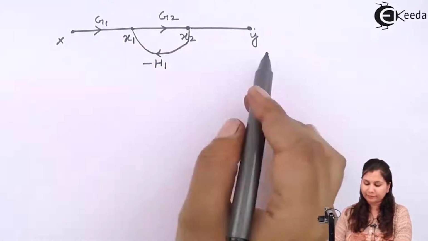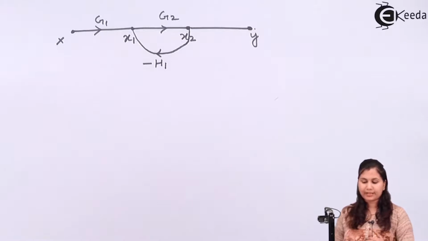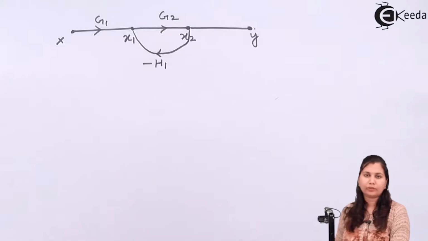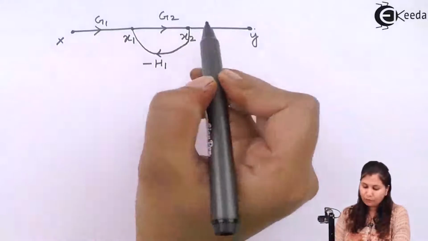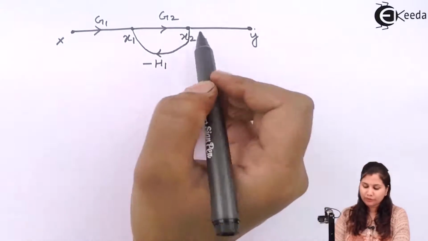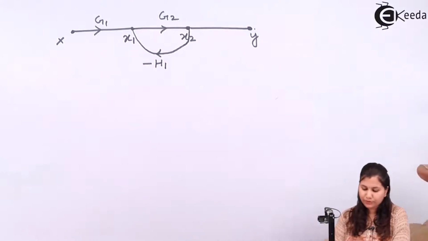So this is the signal flow graph, and we have to convert this signal flow graph into the block diagram. Let's start with the first step. The first step was to write the equation for each of the nodes. There are 4 nodes, x, x1, x2 and y. So we will write the equation for all of these 4 nodes.